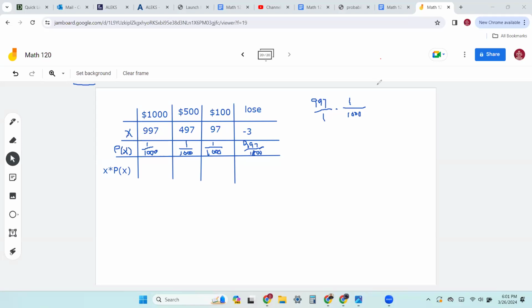Remember, for fractions, numerators multiply each other, denominators multiply each other. So this is 997 over 1,000. This one's going to be the same thing, except it's 497 over 1,000. This one's 97 over 1,000.